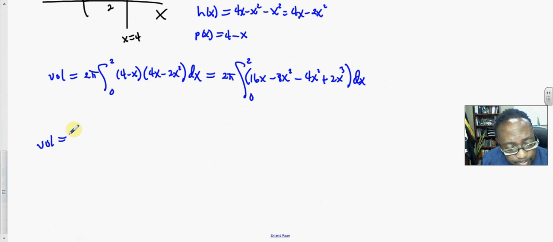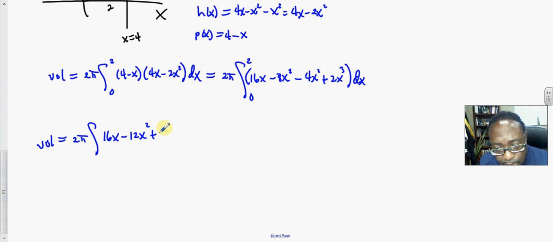So the volume is 2 pi. I think we can simplify that just a little bit more. This is 16x minus 12x squared plus 2x to the third dx. So this is 2 pi. Now we integrate.